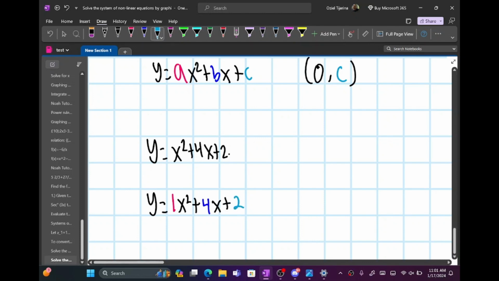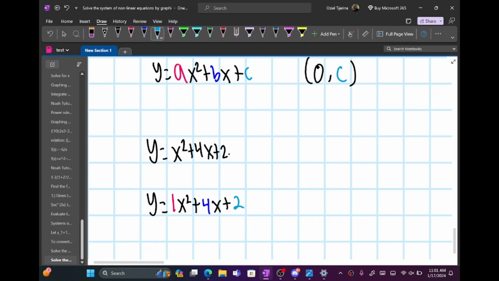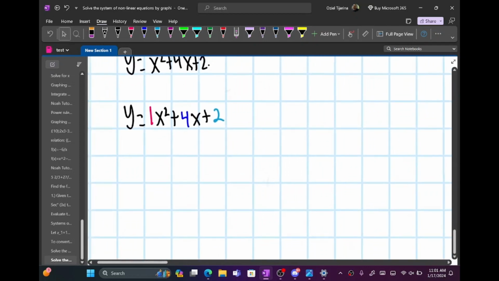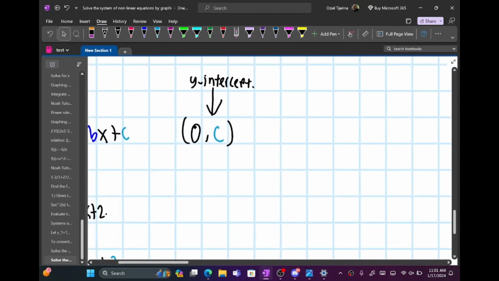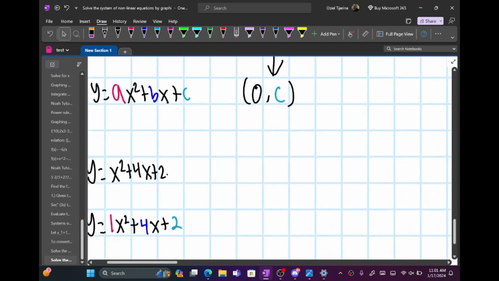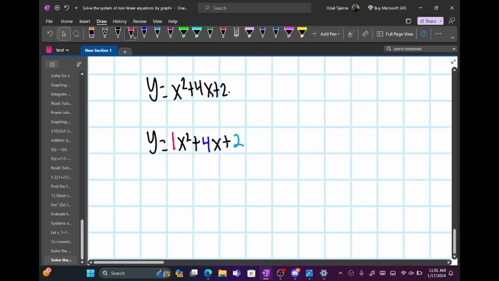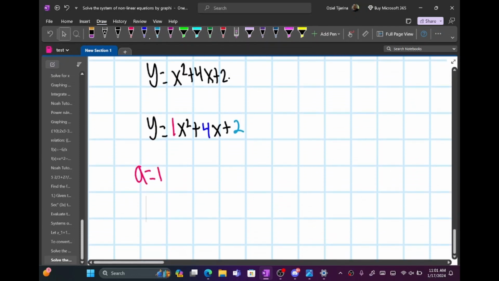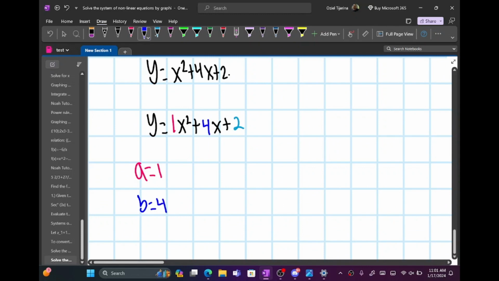And the reason why a is equal to 1 is because anytime there's no number, it's an invisible 1, really. So here, like I said, we know that our y-intercept is 0, comma c. We know that a is equal to 1, b equals 4, and c is equal to 2.